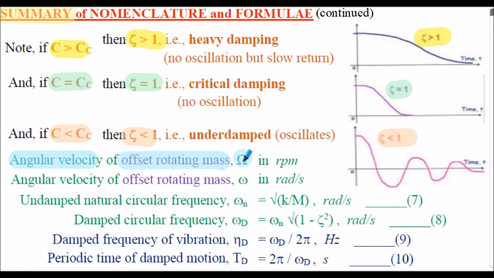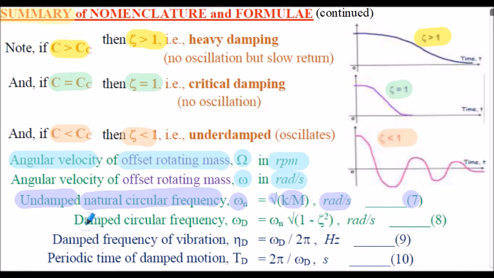Capital omega is used for RPM, and lowercase omega is used for the radians per second value. We have what's termed the undamped natural circular frequency, omega n, and that's calculated from the formula square root of k divided by M. That would be in radians per second. I've called that equation 7 for reference.